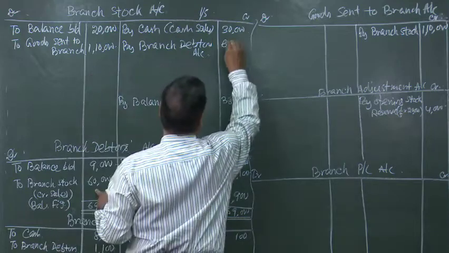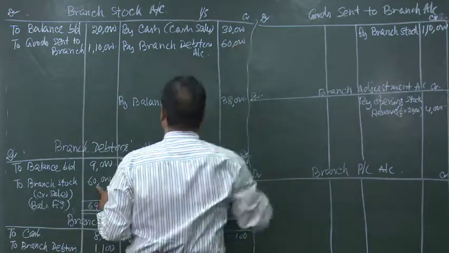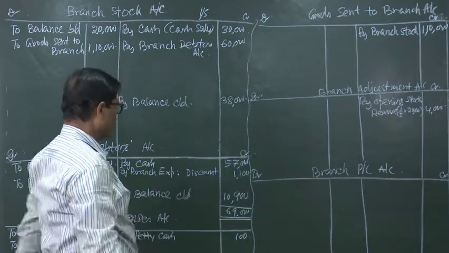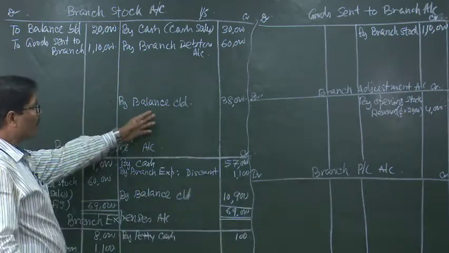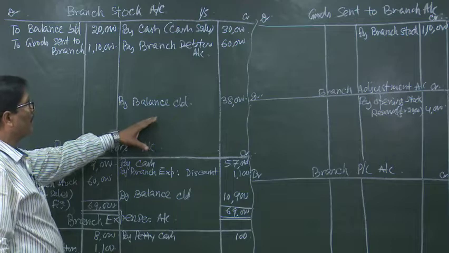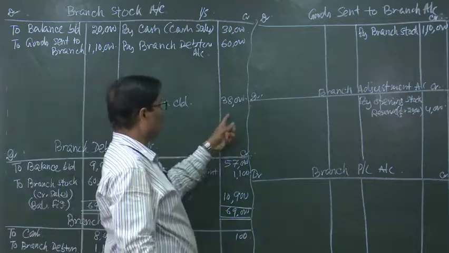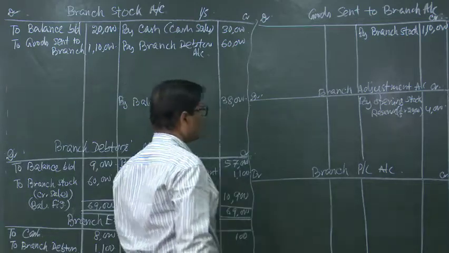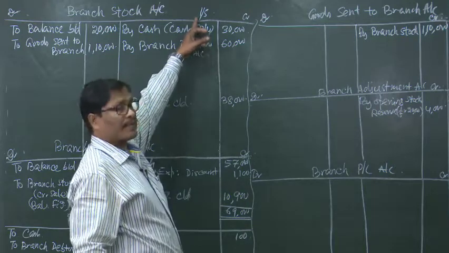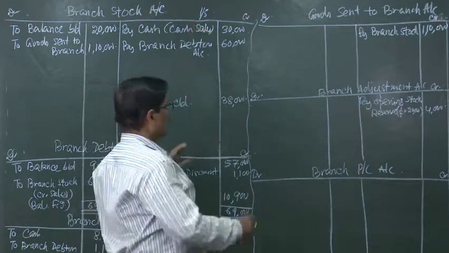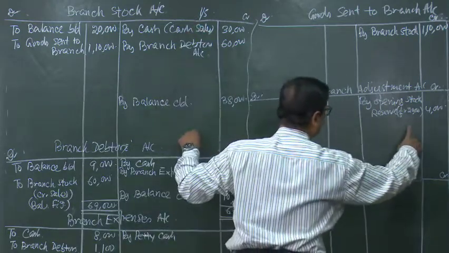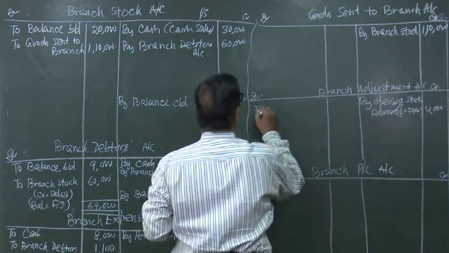60,000. Now, the closing stock is 38,000. We have to remove the loading on closing stock by dividing by 5. What is the loading on 38,000? Because in all the cases we will be taking 1/5, I told you. So, if the opening stock reserve is appearing here, closing stock reserve will be appearing here.